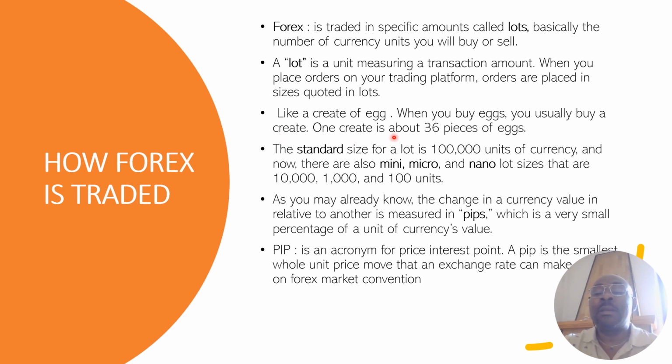One crate is about 36 pieces, if I'm not mistaken. But you get what I'm trying to say. So that is what a lot is all about. Just like a crate of eggs, and inside that crate we have 36 pieces.